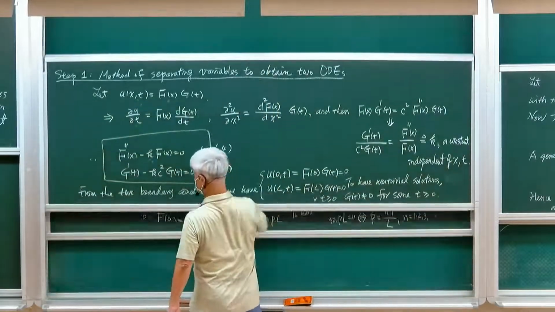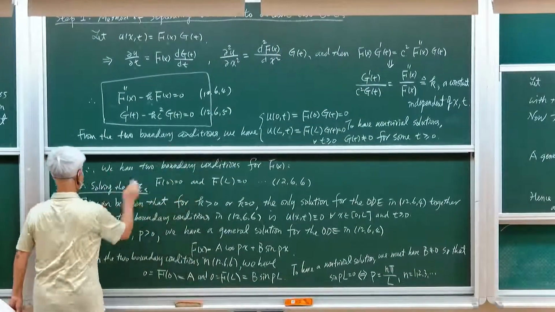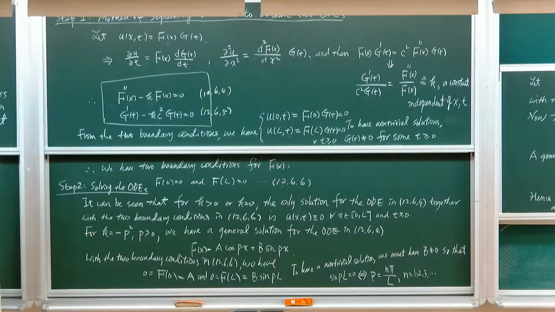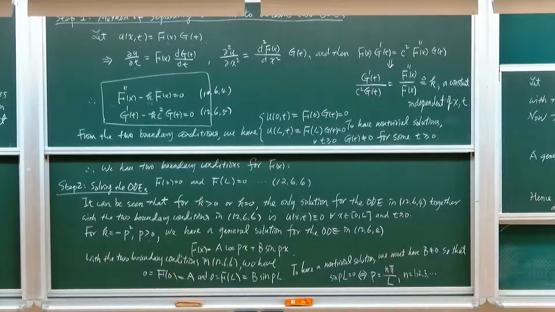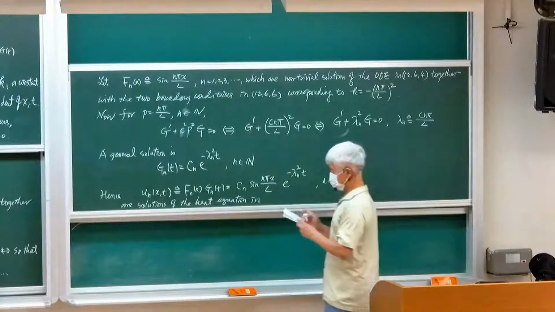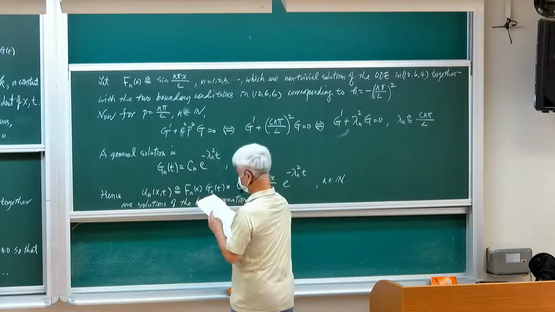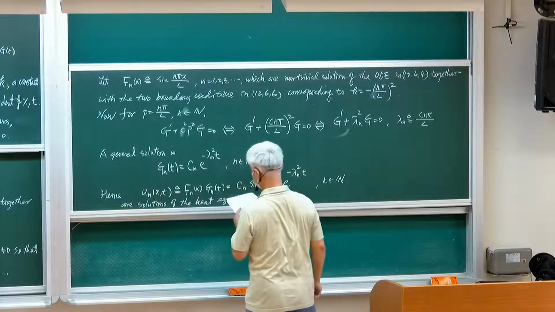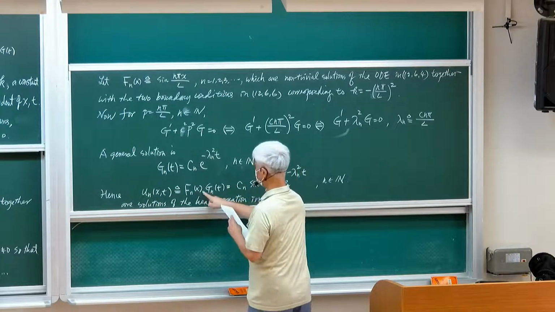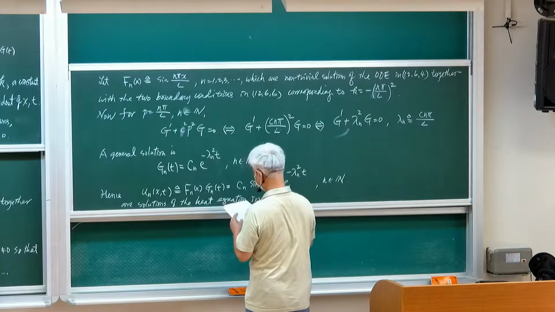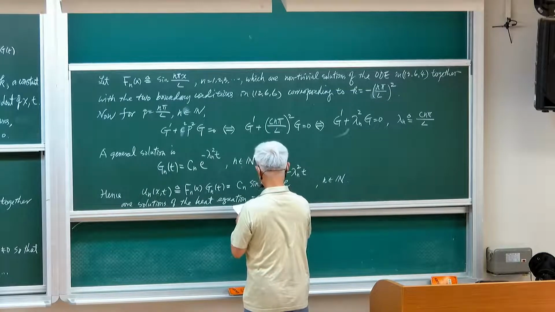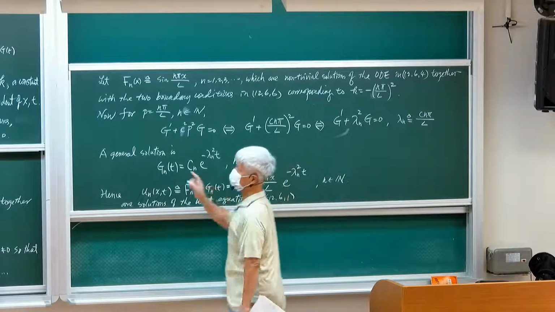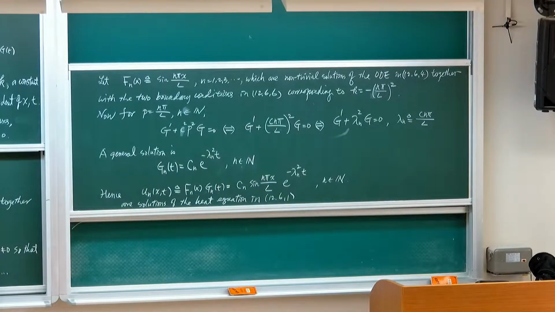The second step is to solve the two ODEs. So we define U sub n as the product of F sub n and G sub n. They are solutions of the heat equation in 12.6.1, the heat equation we have there.